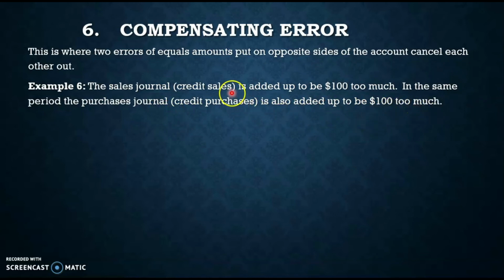So, sales would have been credited, purchases would have been debited. And because both of them were added up, they were over by 100, they basically cancel out each other. So your trial balance figure or total would be the same because of the fact that both sides were over by the same amount. So let us look at that.